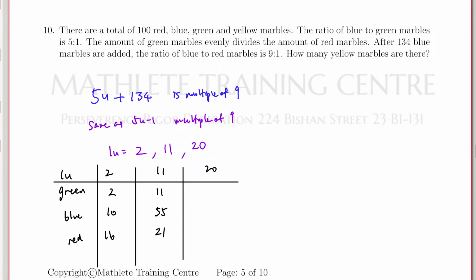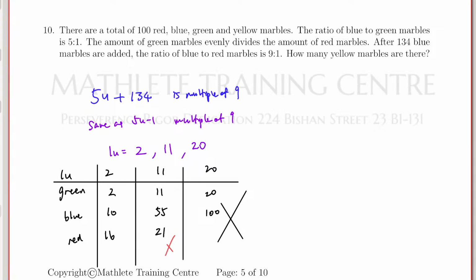Now in the last case, let's say 1 unit is equal to 20. Then blue will just be 5 times 20, which is 100. We know that this is immediately impossible because there's more than 100 here. So the second case is impossible because 21 is not a multiple of 11. The last case is impossible because you have more than 100 marbles.